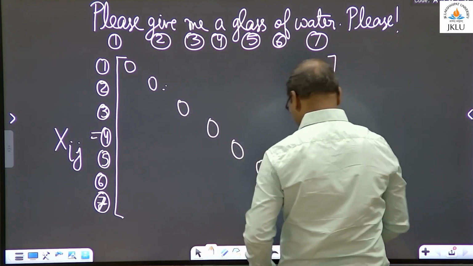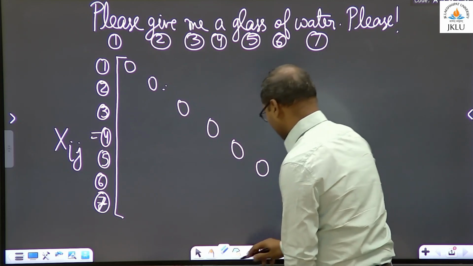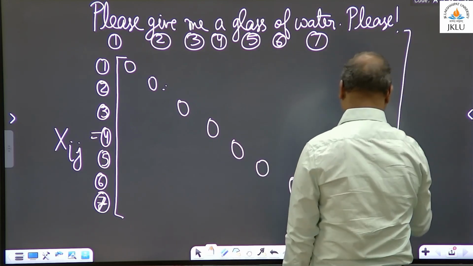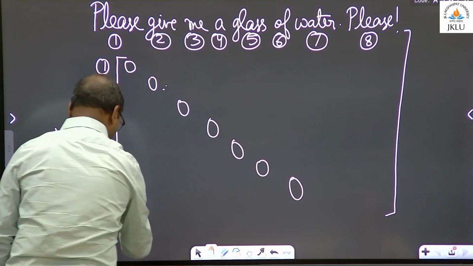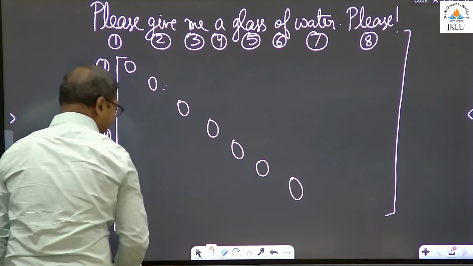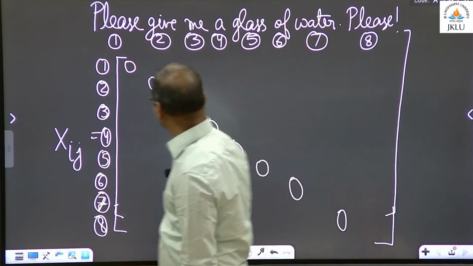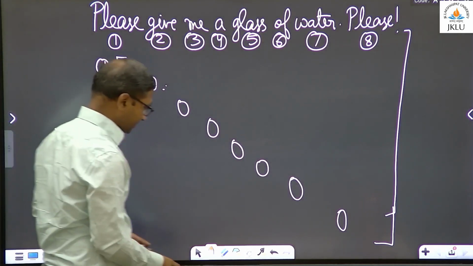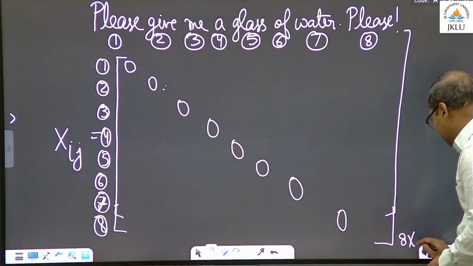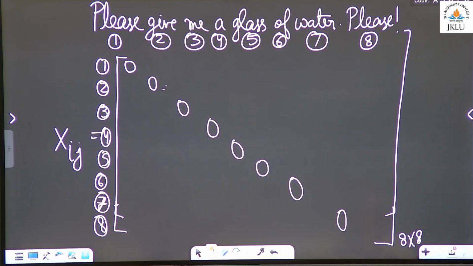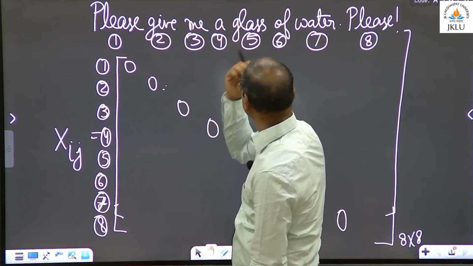So we don't have 7 actually, we have 8 now. So I will have a 0 here as well. And this is not looking like a square matrix, but it is. So this is how much? 8 cross 8. Now, I don't like this example.